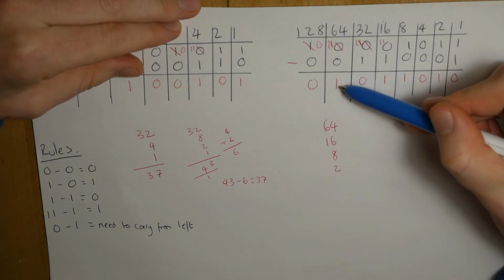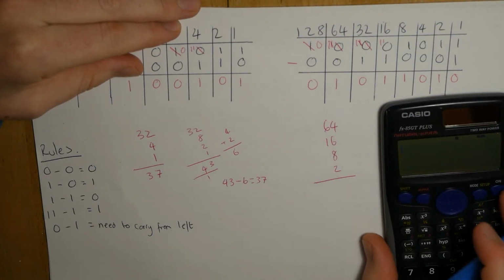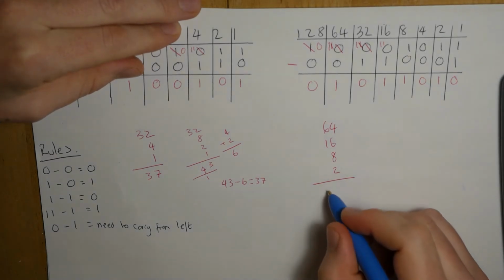We'll just check that, 64, 16, 8, and 2. It's fine, so I'd recommend if there's a few, get your calculator out. So you've got 64 plus 16 plus 8 plus 2 is 90.